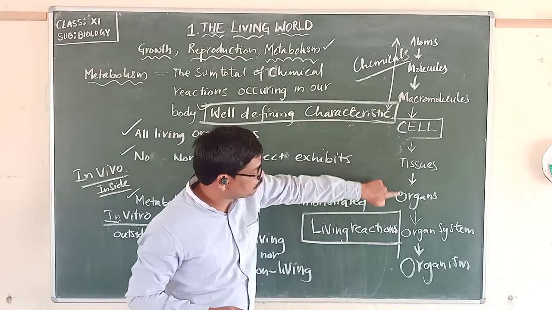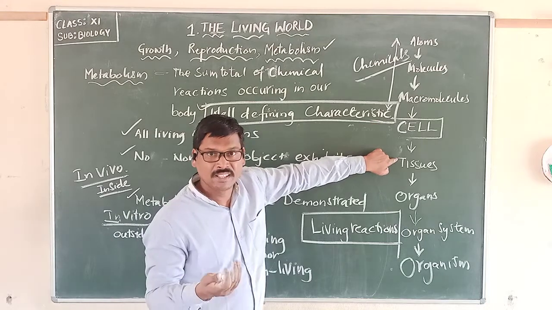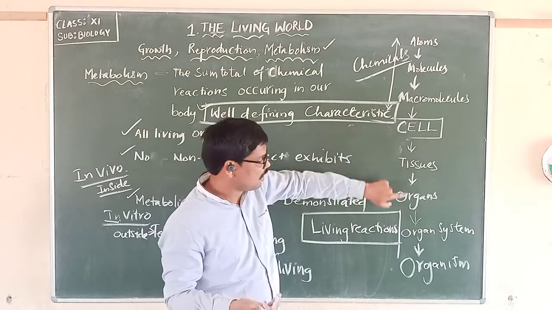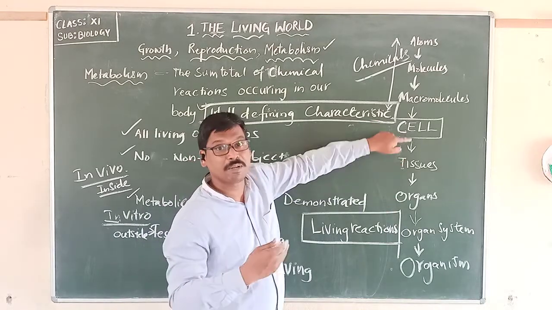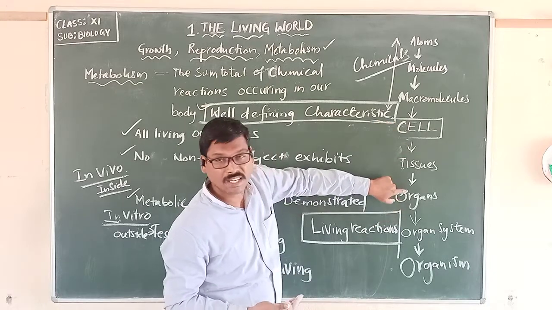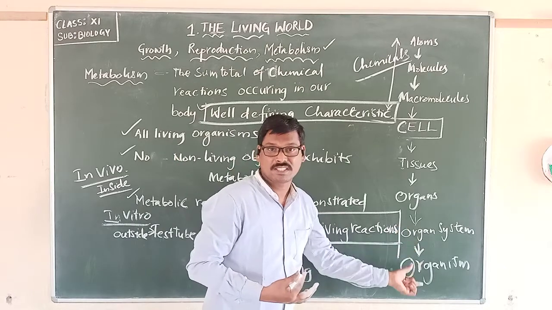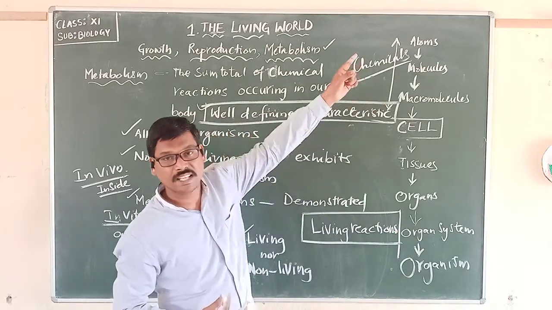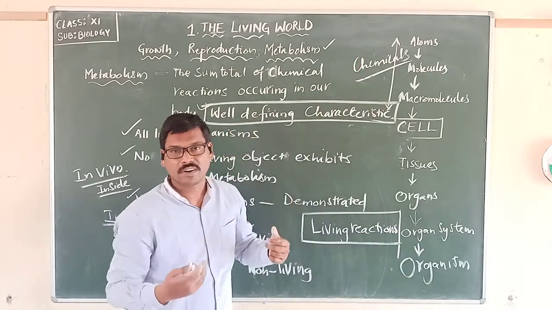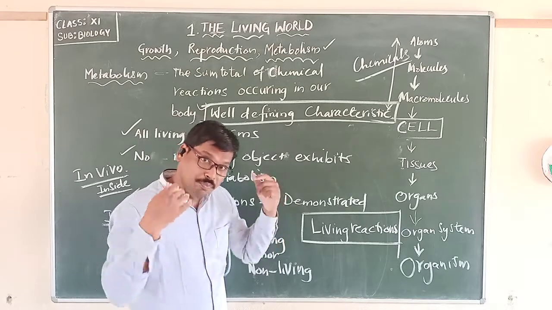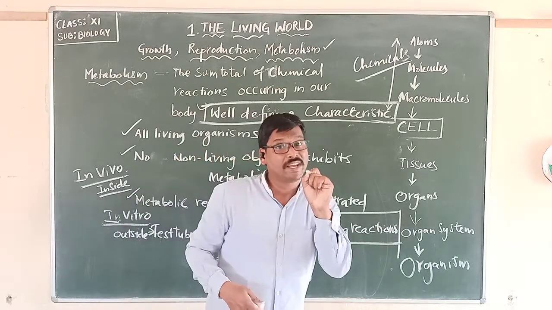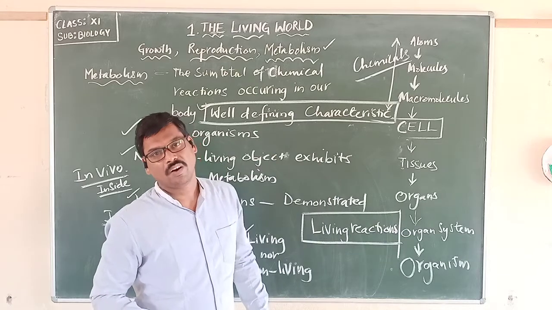Tissues are made up of cells, organs are made up of tissues, and all the organs together form the organ system and organism. We call this the levels of organization or cellular organization, which is also a well-defining characteristic of the living organisms.